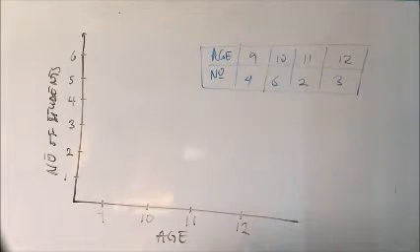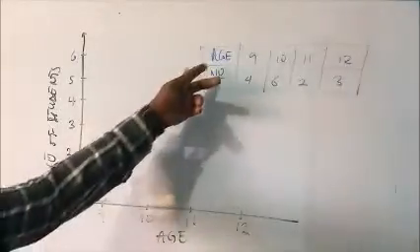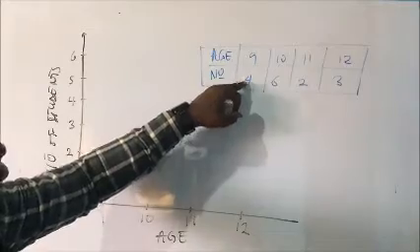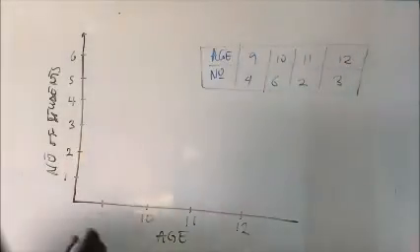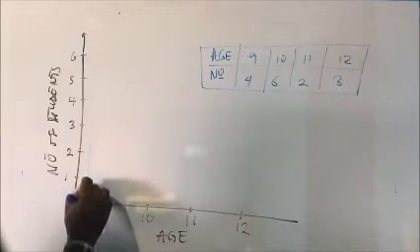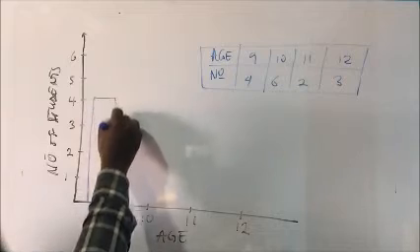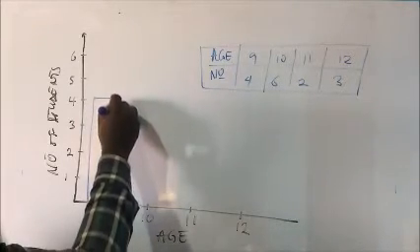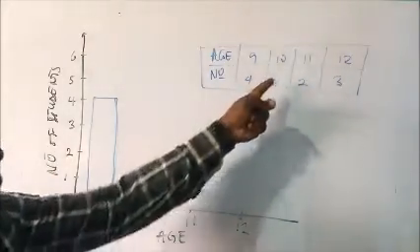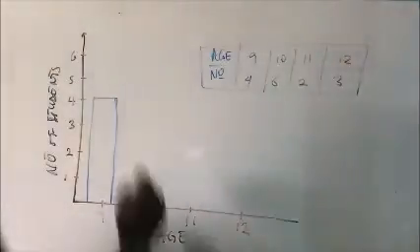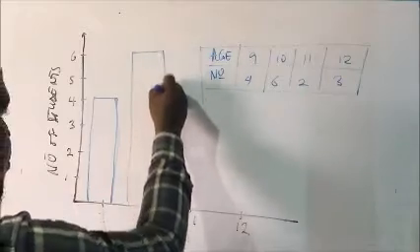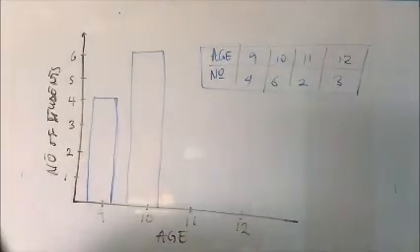Now let's see how we'll do it. If you look at the table we have over here, 4 students are of the age 9. So this is my 9. I trace it to 4. I draw my bar at 4. Then we go to the next one. Those of the age 10 are 6 students. So all the way from here to there.